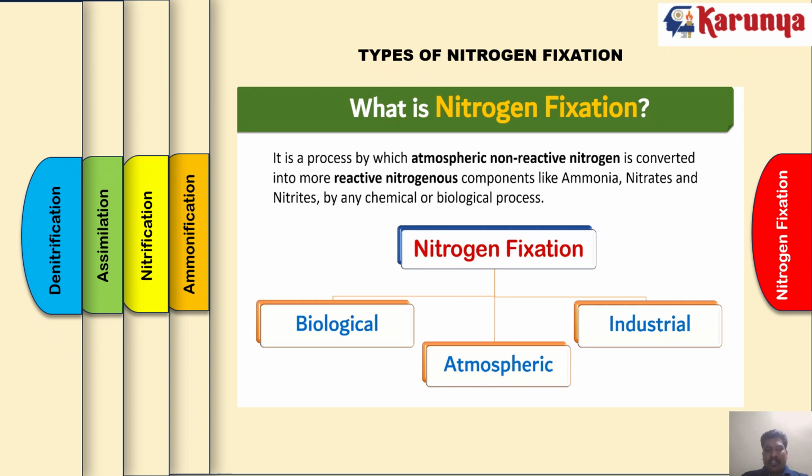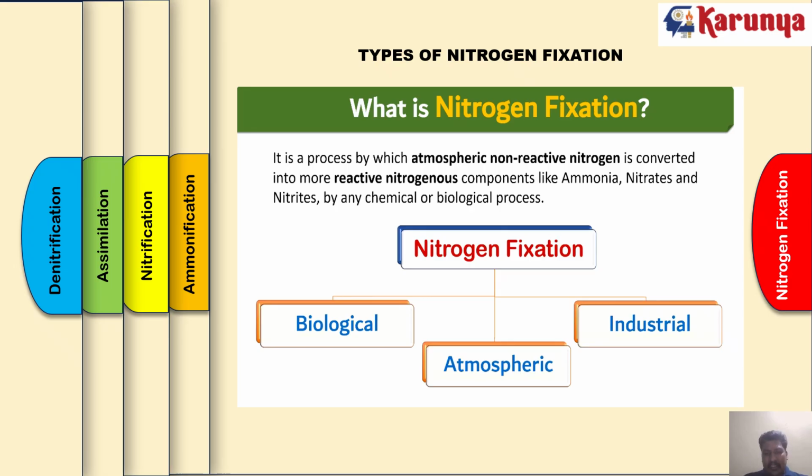There are three types of nitrogen fixation: biological nitrogen fixation, atmospheric nitrogen fixation, and industrial nitrogen fixation. In biological fixation, nitrogen fixation is mediated by the microorganisms present in the soil.